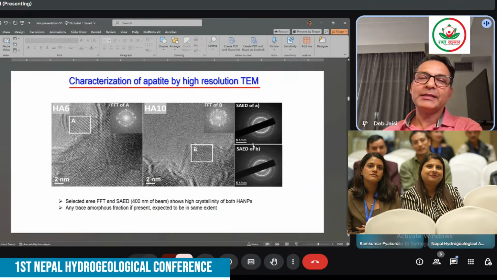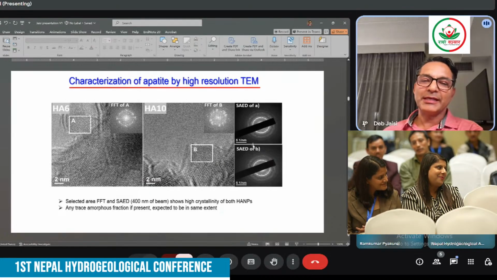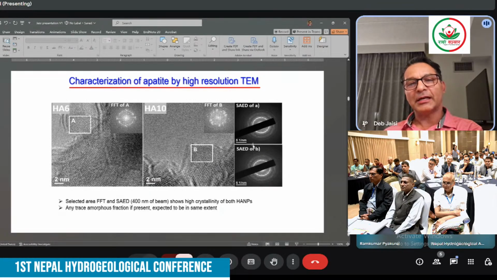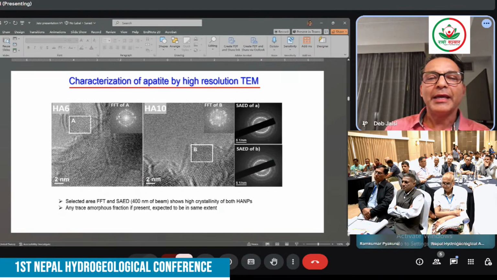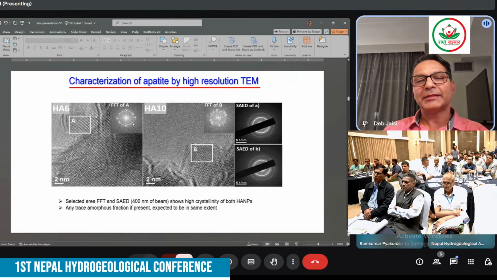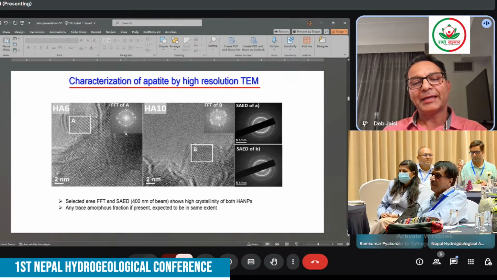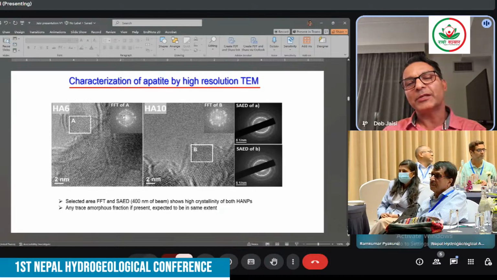If you take a very detailed high resolution TEM of this material, you can see very nice lattice fringe, as you can see right here, zoomed in, as well as selected area diffraction, SAED, showing crystalline material.